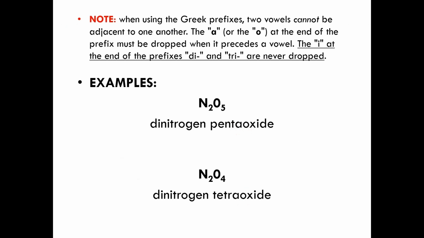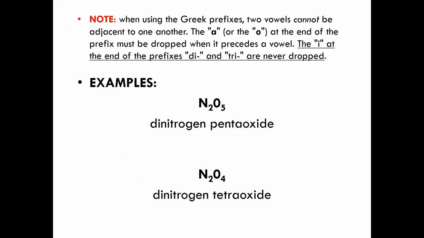The reason being, they find that the name has a bit of a roadblock when being said out loud when you have those two vowels side by side. And so they've devised this process where you drop the vowel at the end of a prefix to really add some fluidity to the name when being said out loud.